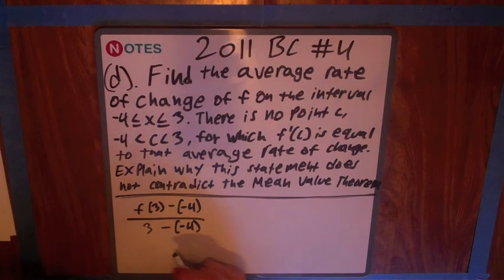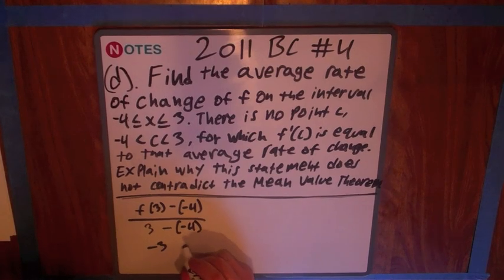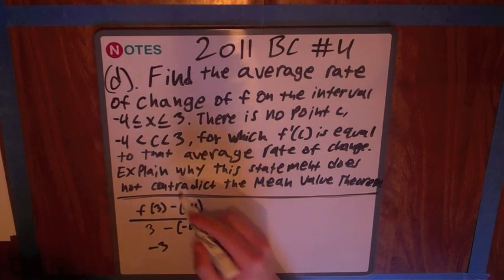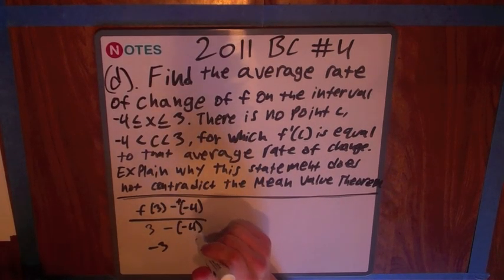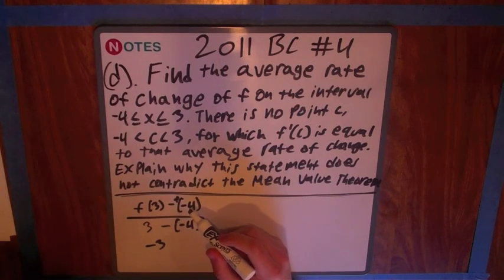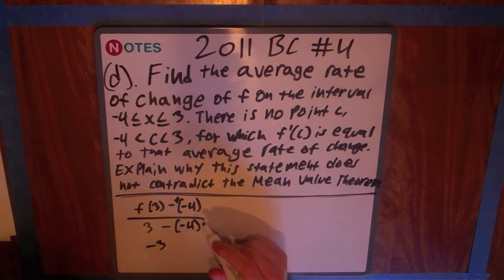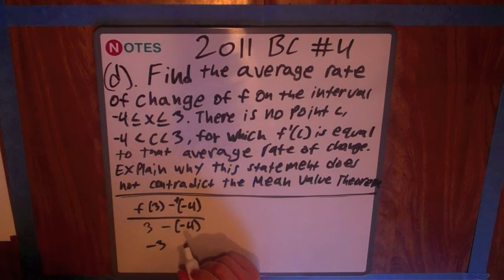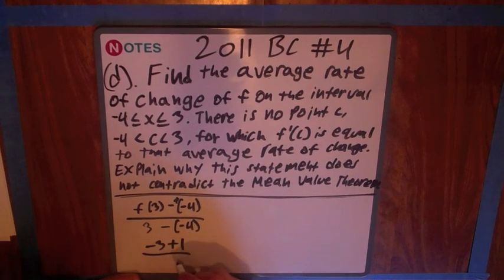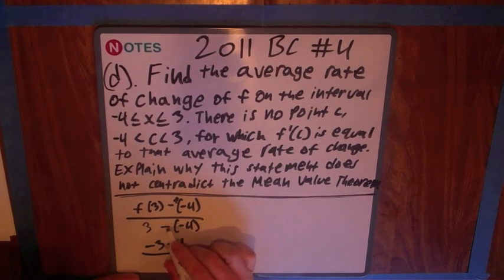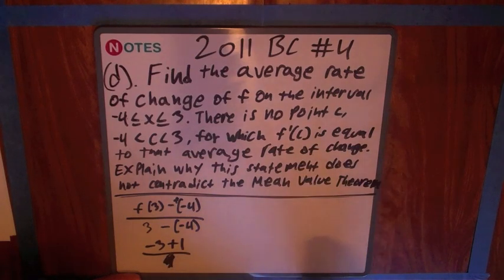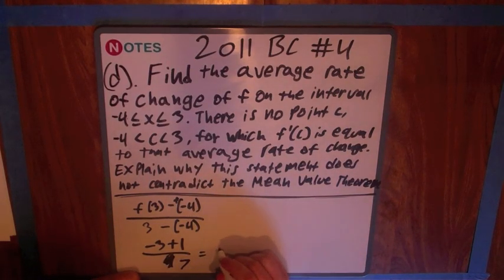Plugging in the values, f at 3 is negative 3, f at negative 4 is negative 1, so minus negative 1 is just plus 1, all over 3, 2 negatives, so 3 plus 4, 7, which equals negative 2 over 7.